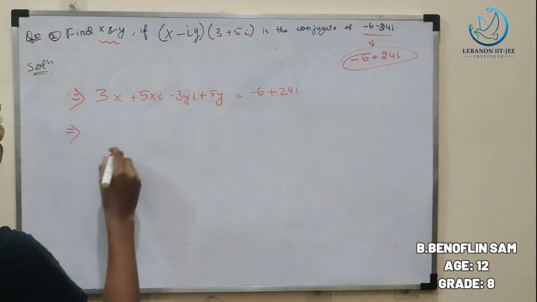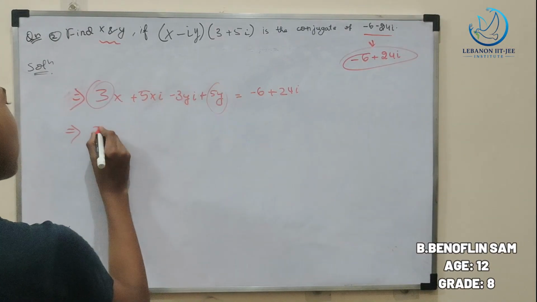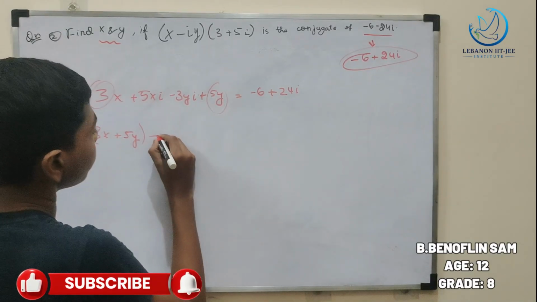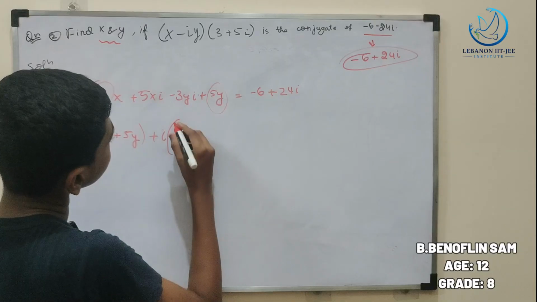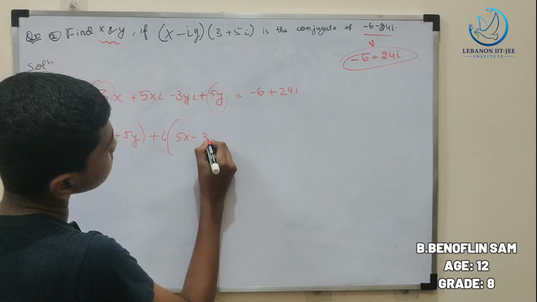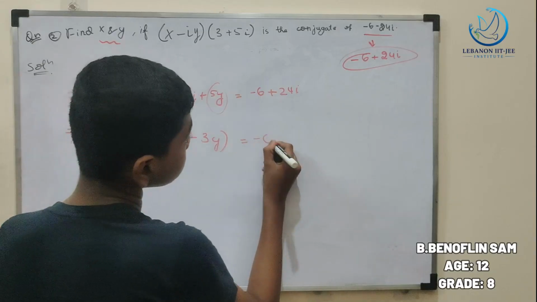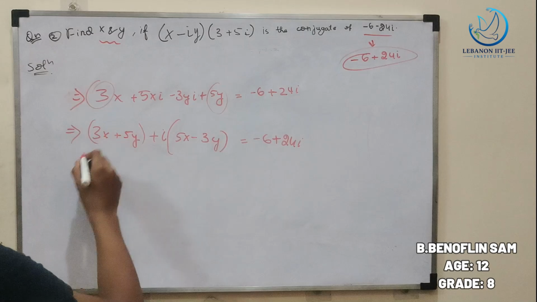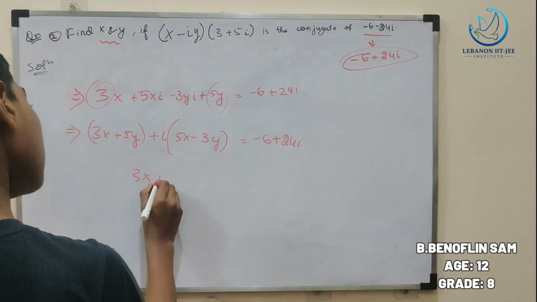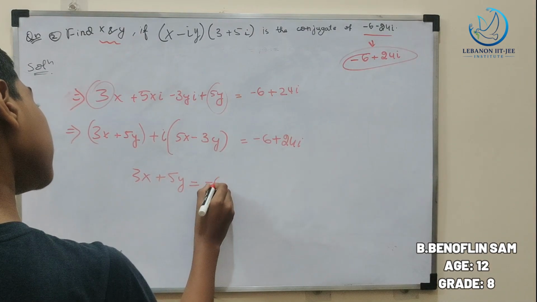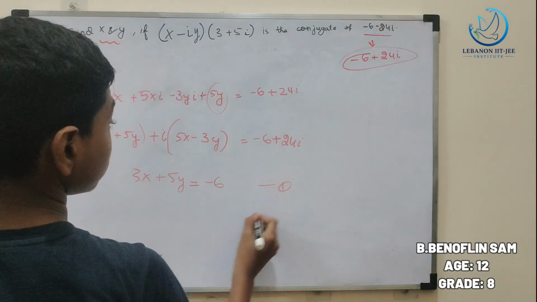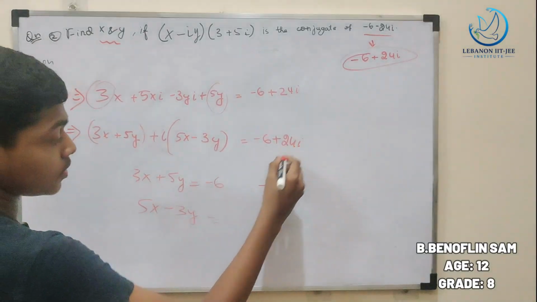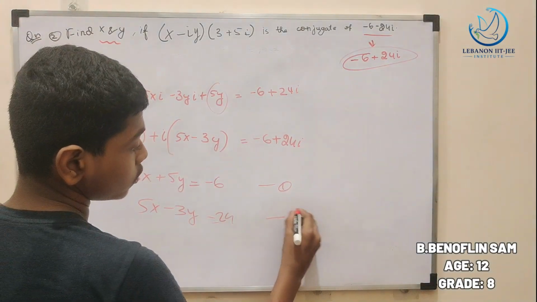Taking it like this, (3x plus 5y) plus i into (5x minus 3y) is equal to minus 6 plus 24i. So we get 3x plus 5y is equal to minus 6, equation 1, and 5x minus 3y is equal to 24, equation number 2.